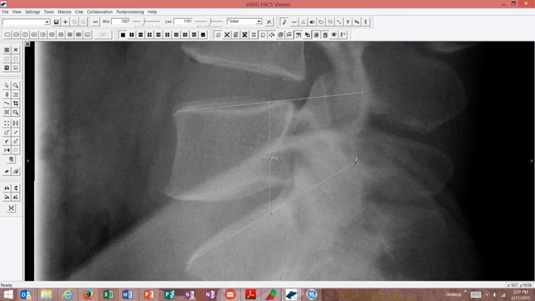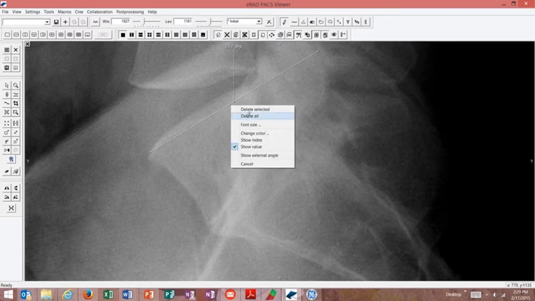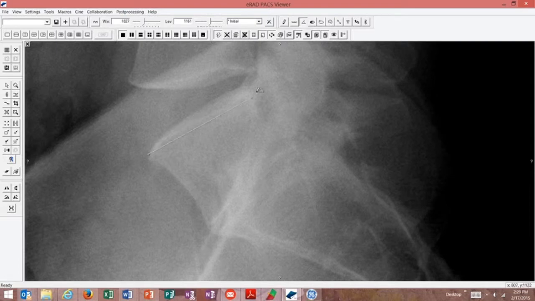For minus 25.2 degrees. And then finally, L5S1, probably somewhere through there, hard to tell, but I'm going to come up with minus 21.6 degrees.